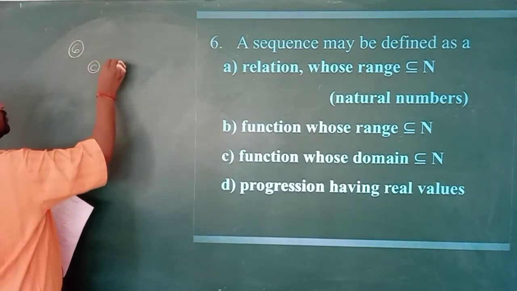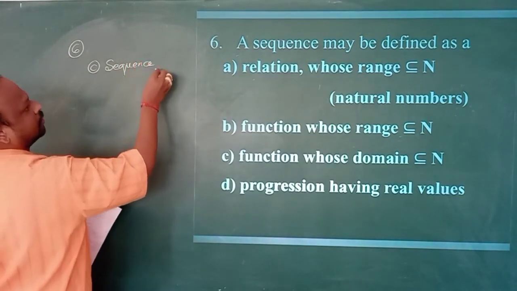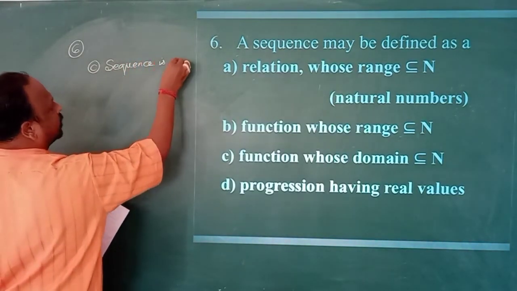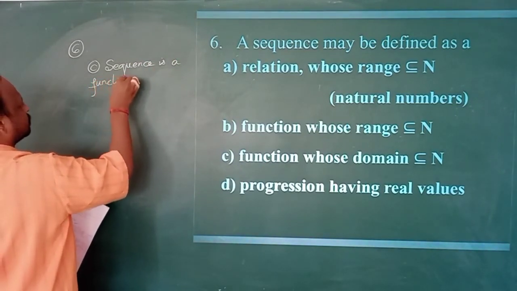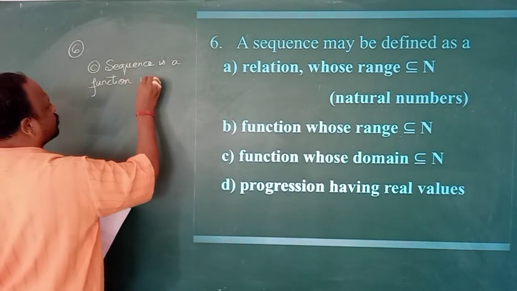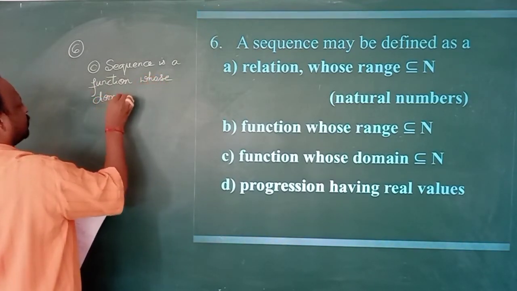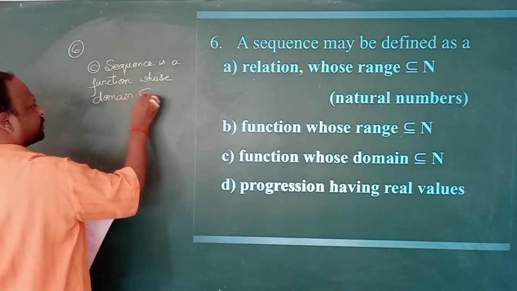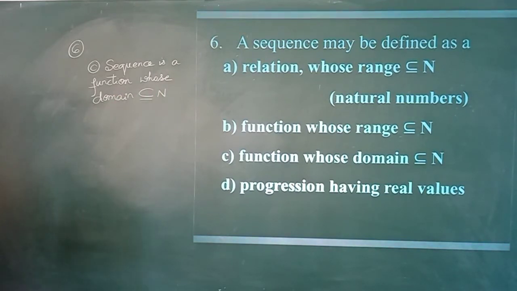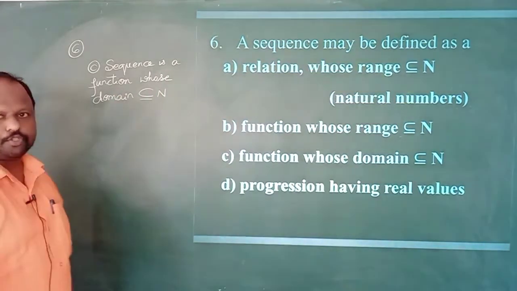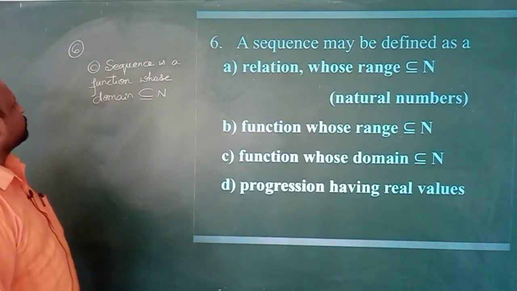Option C. Sequence is a function whose domain is always a subset of natural numbers. The definition of sequence is a function whose domain is always the subset of natural numbers. Option C is the answer.